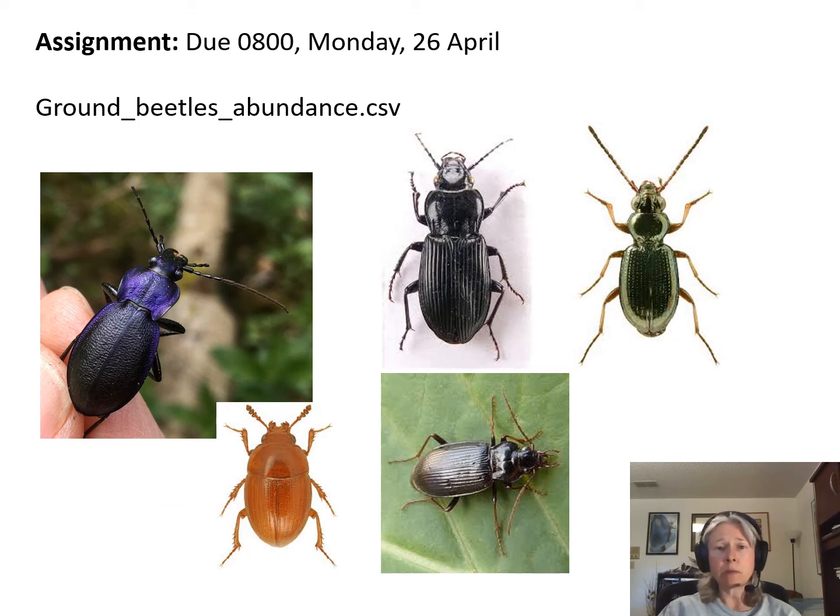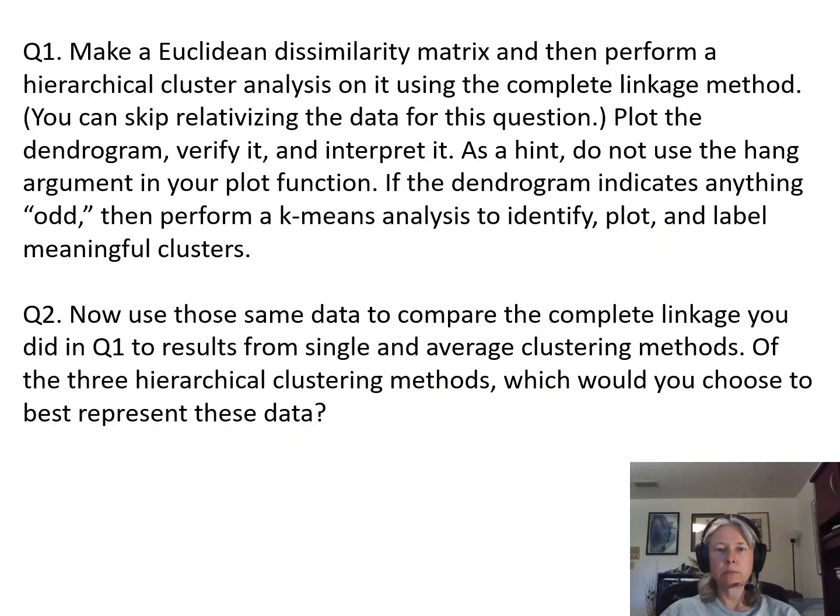For your assignment, we're going to be using our old friends, the ground beetles, and you're going to be using ground beetle abundance data. You are tasked with performing a cluster analysis on these data. You're going to use a Euclidean dissimilarity metric and then perform a hierarchical cluster analysis on it using an agglomerative approach with the complete linkage method.